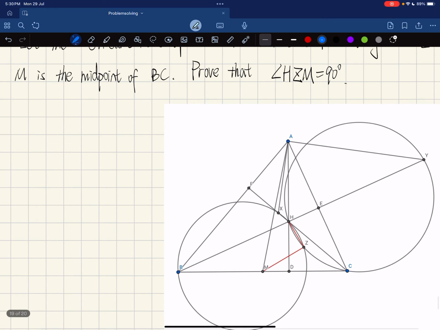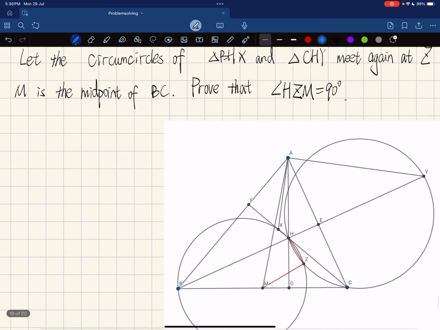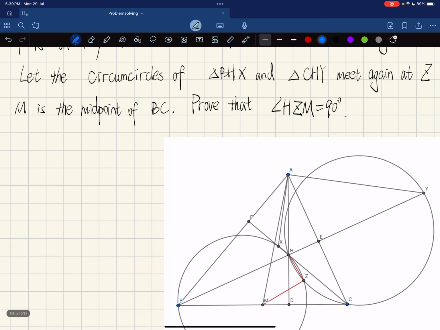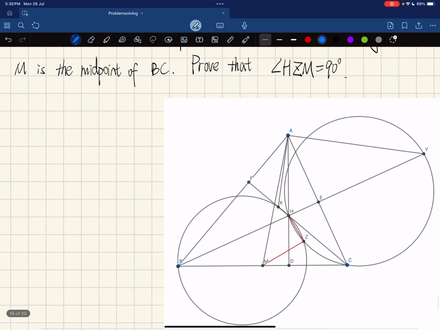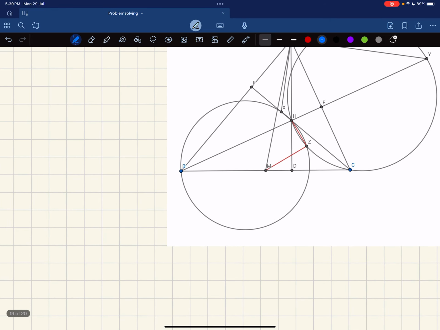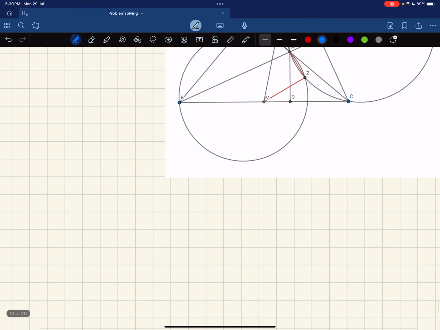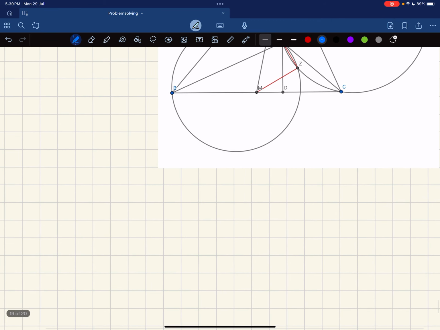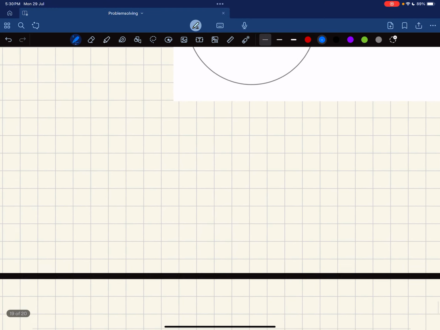How can we deal with this problem? Or the point H, because it's a special point in the triangle ABC. So how can you deal with it? Actually, from my point of view, the point M is quite a useful point here.